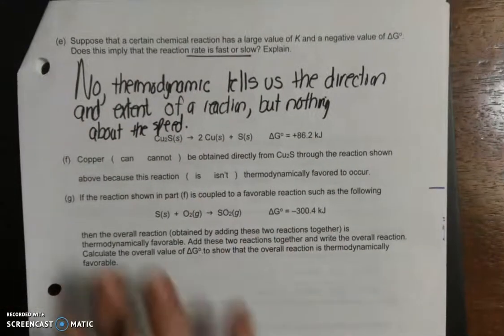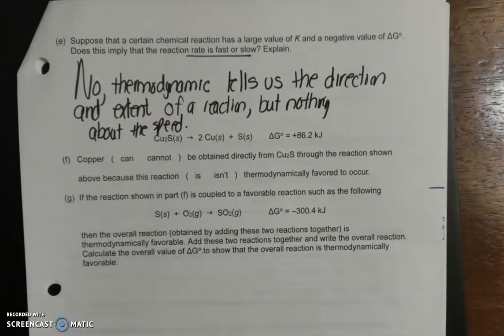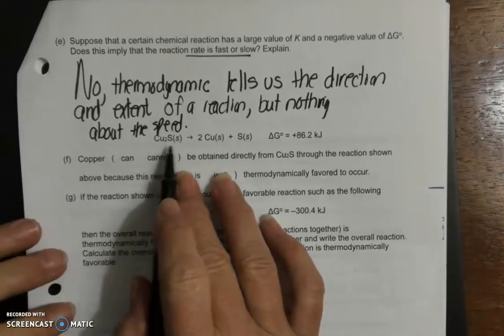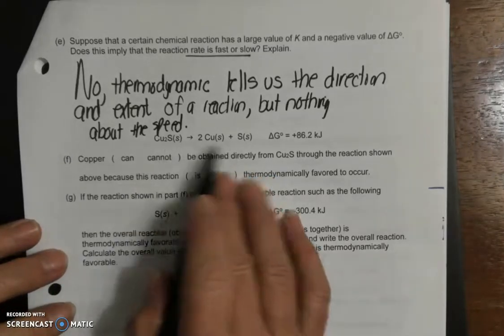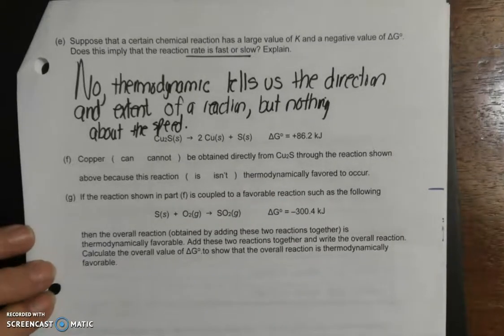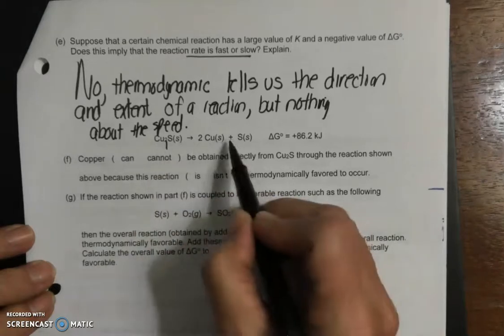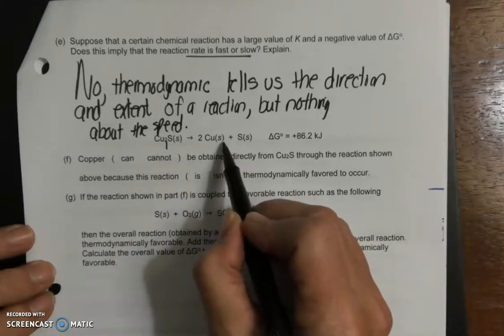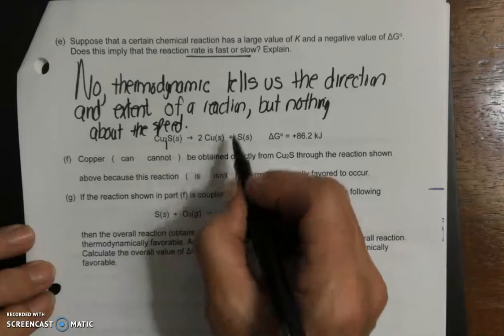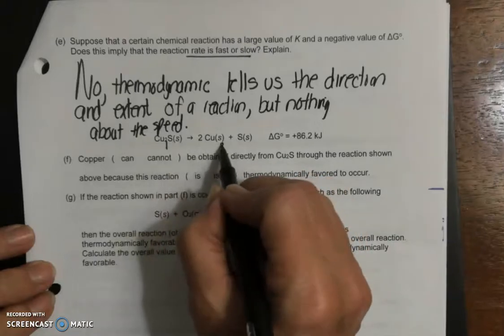All right, so let's look at another reaction. I've got copper sulfide decomposing into its components of copper and sulfur. I'm going from one particle to three, solid, one particle to three particles.